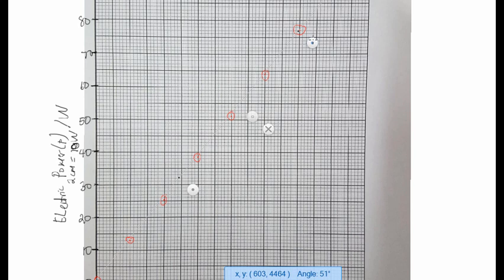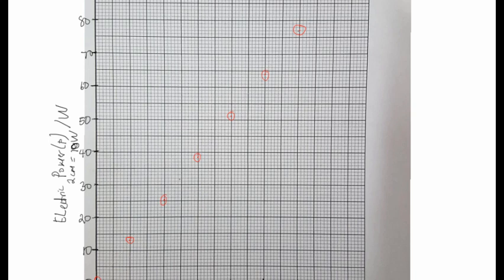Right, and then I'm going to draw my best fit line starting from the origin. So one straight line starting from the origin, going through all the points.